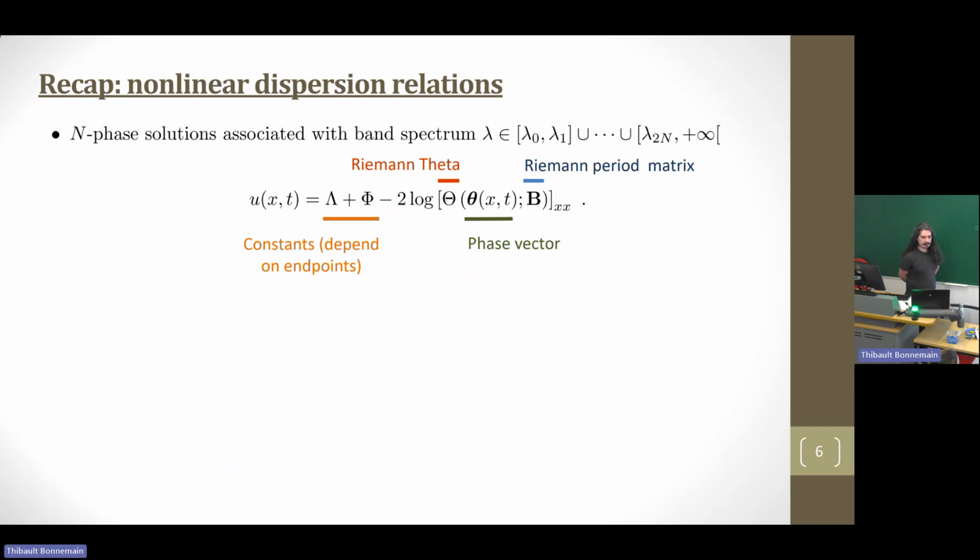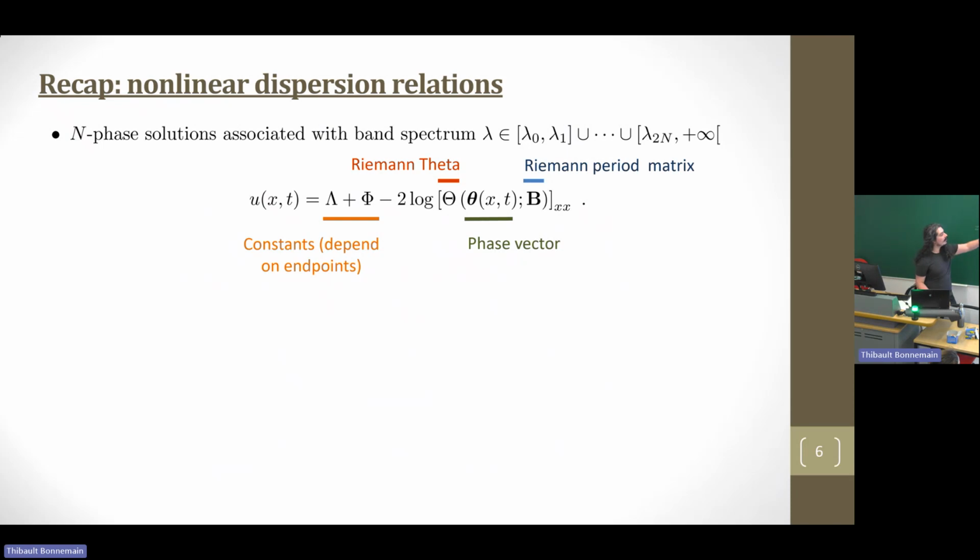Okay, so for a given n-gap spectrum of the Laplace operator, you can write the associated n-phase multivariate solution of KdV in this form, which involves the second log derivative of the Riemann theta function.